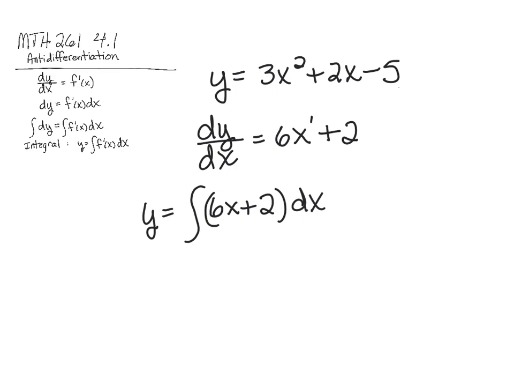Now, what did you do when you went from here to here? You multiplied by the power, and then you subtracted 1 from the power.